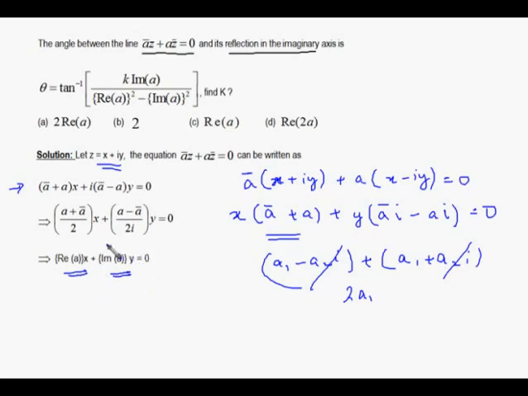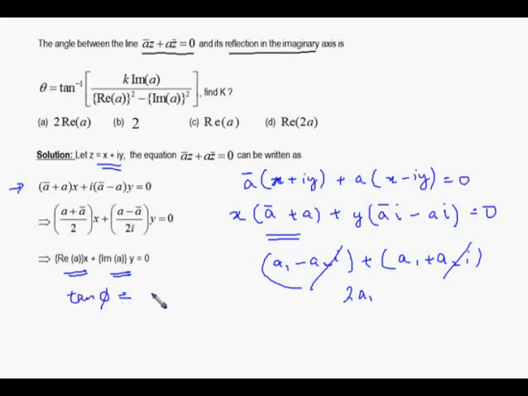So as you can see, this now looks like a straight line that we know: something X plus something Y equals 0. Can you guess which point this line always passes through? Because there is no constant quantity here, it passes through the origin. Also, can you guess the inclination of this line to the x-axis?